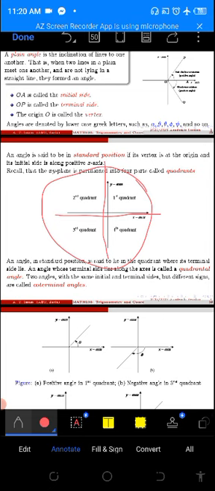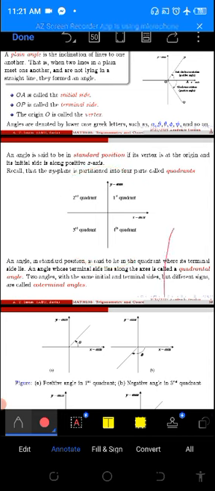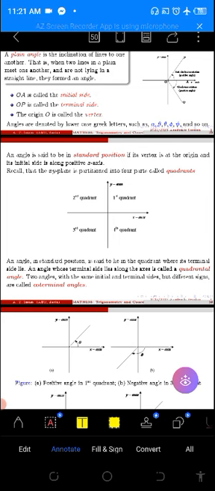So these parts are called quadrants. So the first part here is called the first quadrant, here is called the second quadrant, here is called the third quadrant, and here is the fourth quadrant. And these quadrants are going to be studied in terms of the sign of a trigonometric function, where it falls. It depends on where the trigonometric function falls, and that is where to give it a sign.